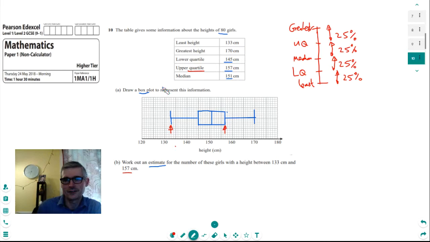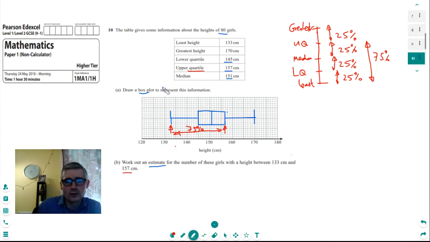And since we're talking about doing an estimation of the number between the least value and the upper quartile, if we add all those percentages together, that's 75%. So really 75% of all the values are within this range.